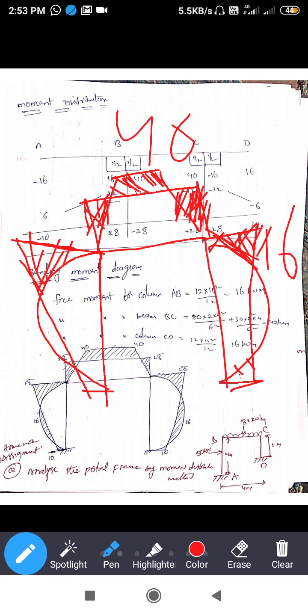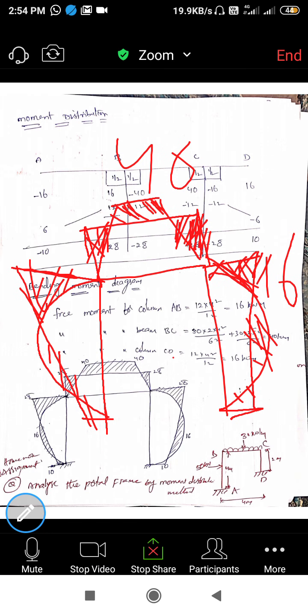This is the way you can find out the moments by applying the moment distribution method at particular supports. Okay, you can understand that.